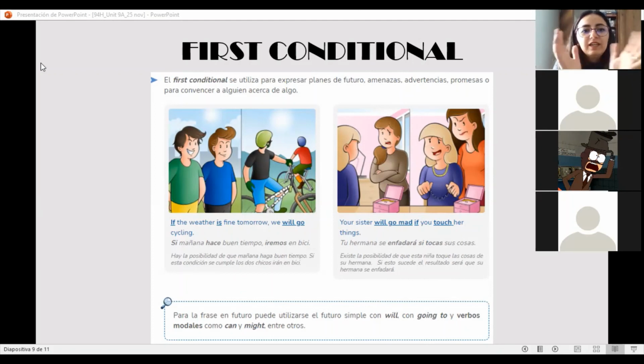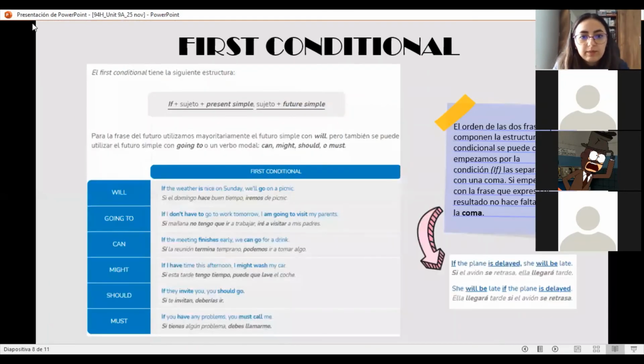Les decía entonces que el first conditional lo ocupamos para hablar del futuro, como dijimos, cuando ustedes están haciendo promesas, advertencias, amenazas, o simplemente cuando quieren hablar o condicionar algo, ¿no? Do you have, guys, any question or doubt about this future or first conditional? ¿Tenemos dudas sobre el primer condicional, first conditional?